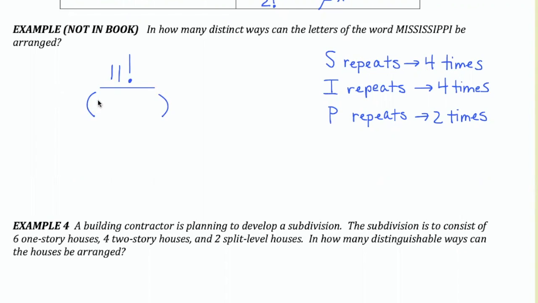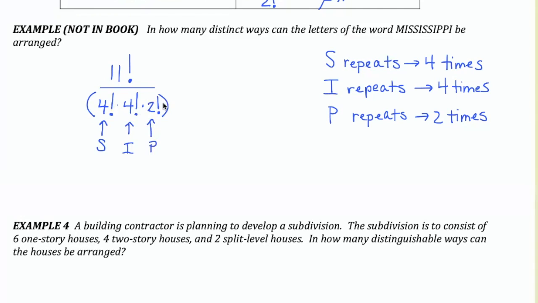In other words, I'm going to put 4 factorial in the denominator first to represent the S's being indistinguishable. Then multiplying that, I'm going to put a factorial for the number of times that I repeats. And then multiplying that, I'm going to put a factorial for the number of times that P repeats.